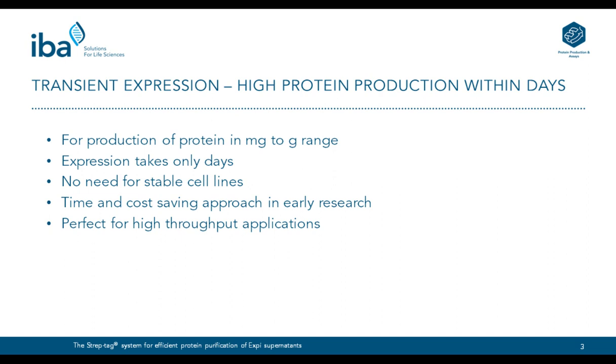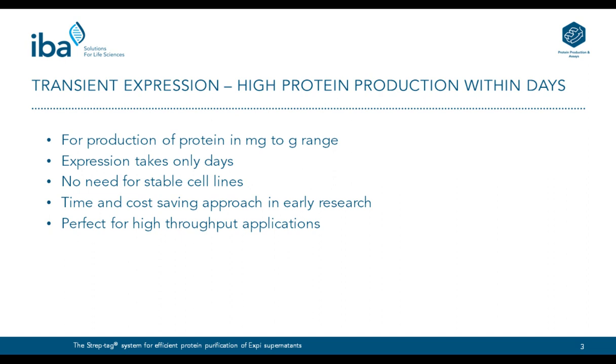So when you rely on a mammalian expression system, transient expression is the best way how you can produce protein in a milligram up to gram range for some proteins in a very short time. Because you don't have to screen or to select stable cell lines, you can reduce the time for the production, and usually you get your protein within days.